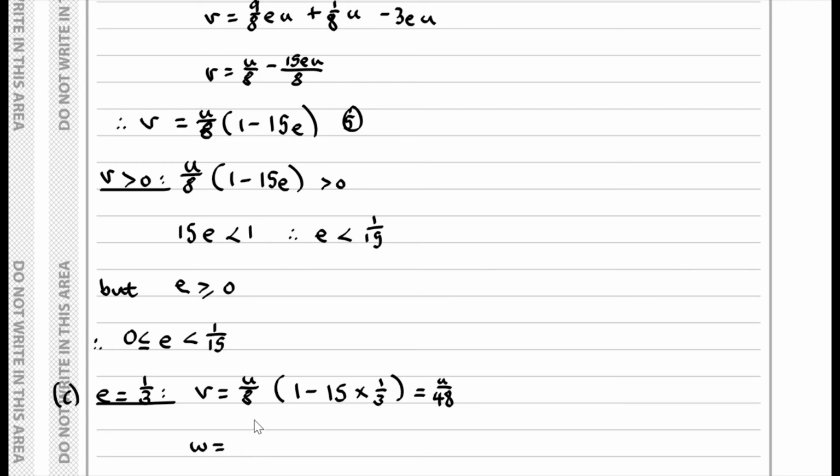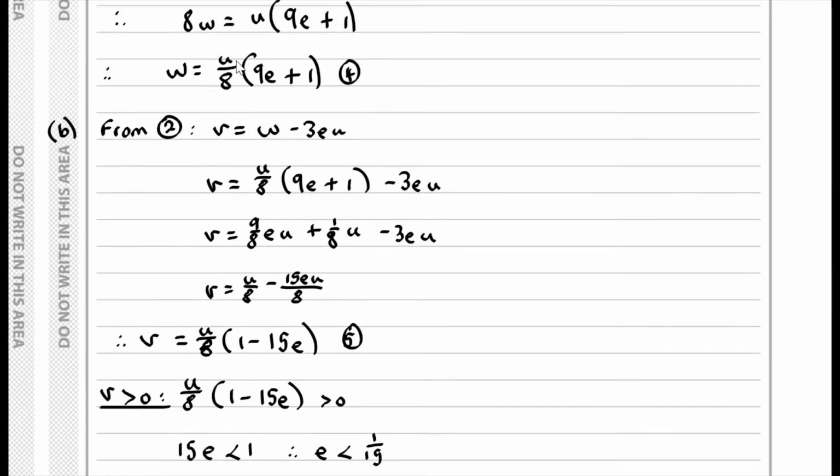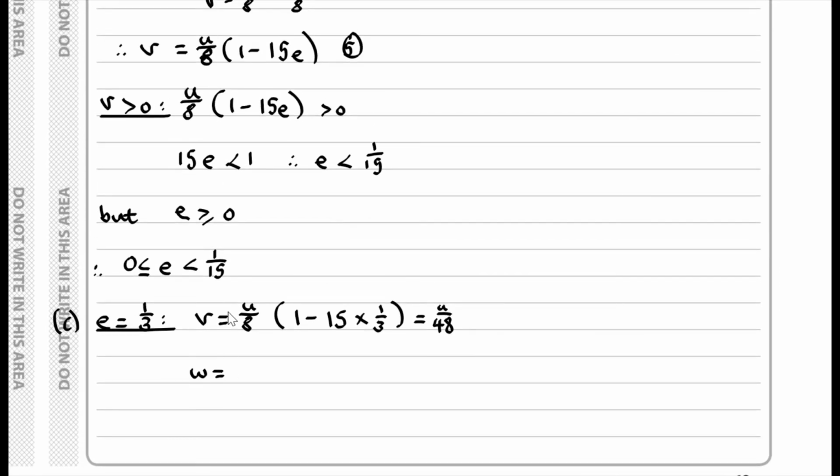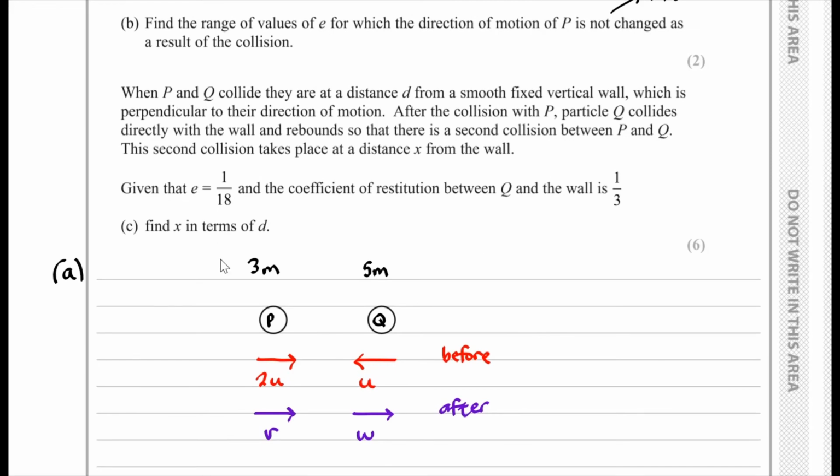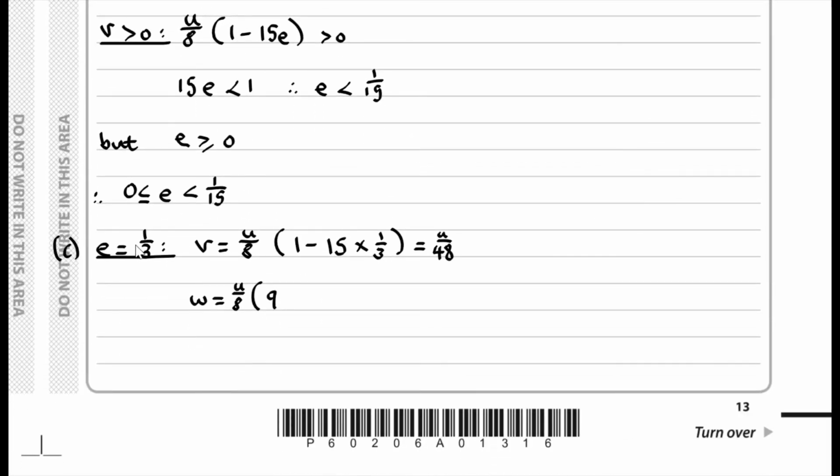And W is equal to, if we use our equation for W over here, U over 8 lots of 9 times 9 times 1 over 18 plus 1.